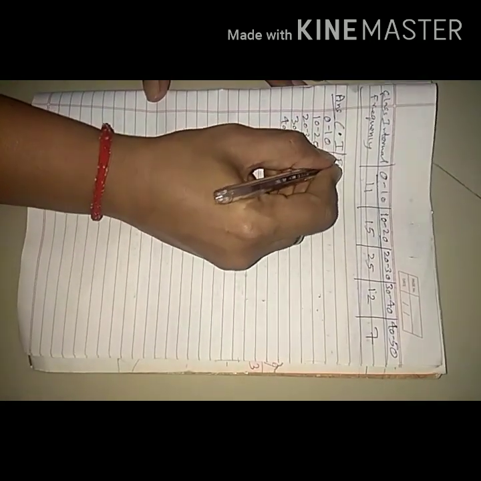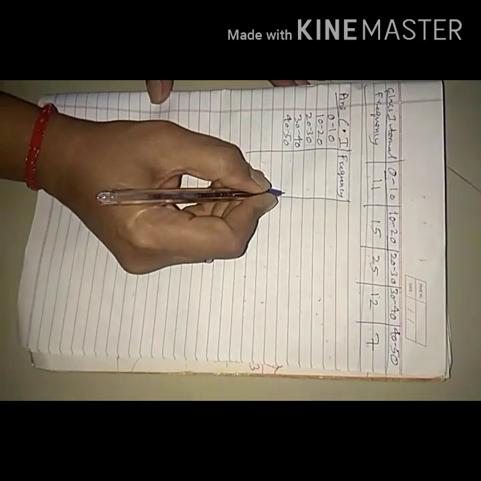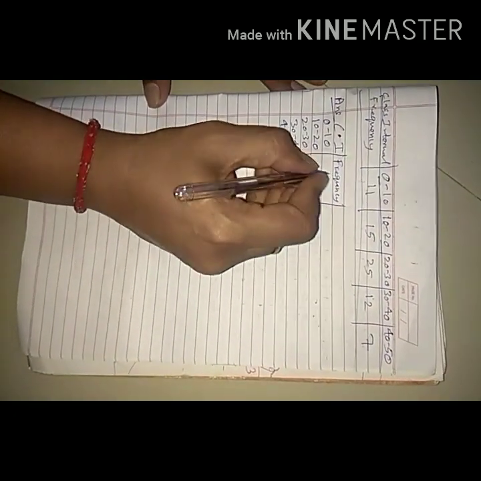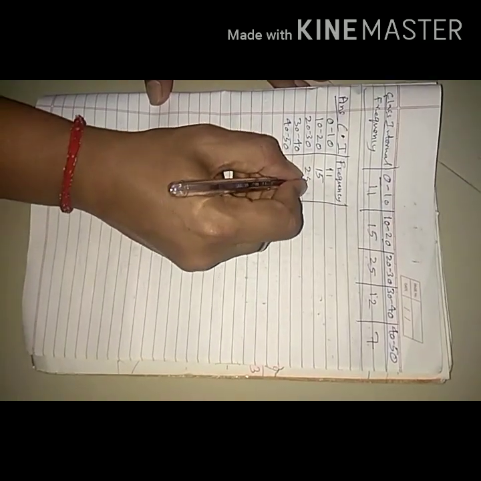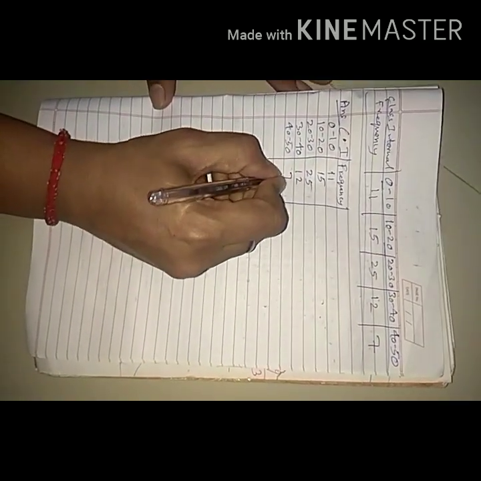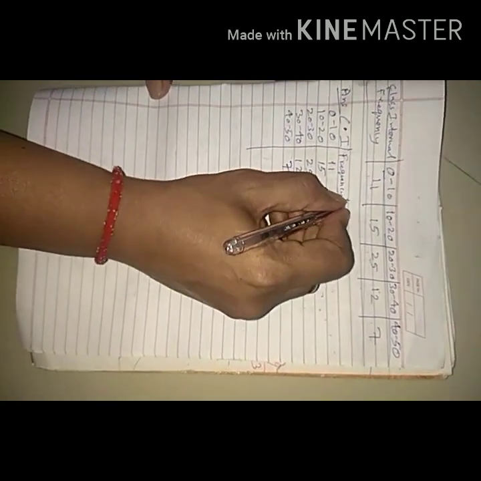Second column here is frequency: 11, 15, 25, 12 and 7. So here I will find class mark.